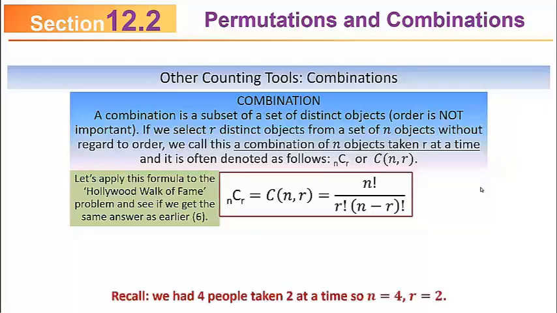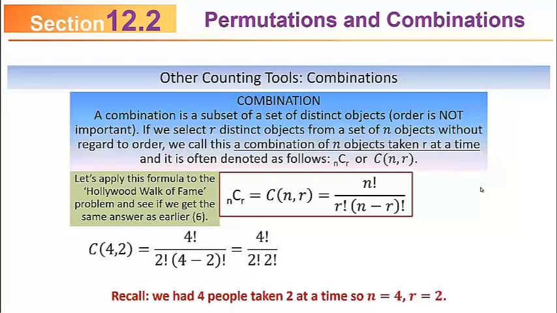In this problem, we had 4 people taking 2 at a time where order doesn't matter, so it's a combination. Plugging into that formula for a combination, we get 4 factorial over the product of 2 factorial and 4 minus 2 factorial. Well, that's 4 factorial over 2 factorial times 2 factorial. 4 factorial is 4 times 3 times 2 times 1, and 2 factorial is 2 times 1.